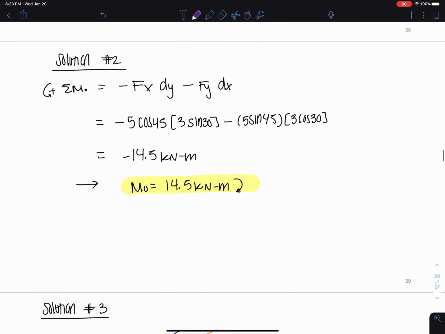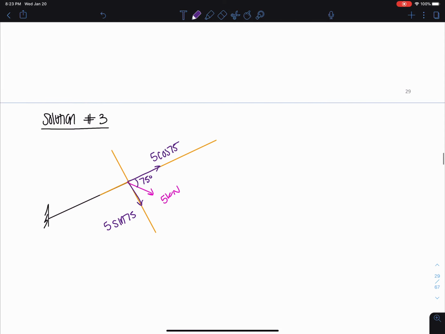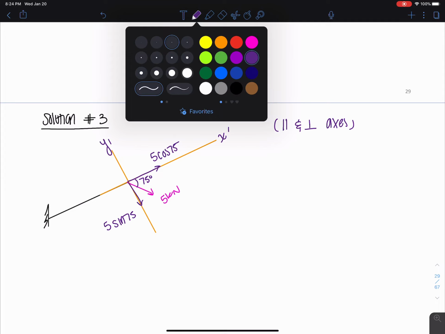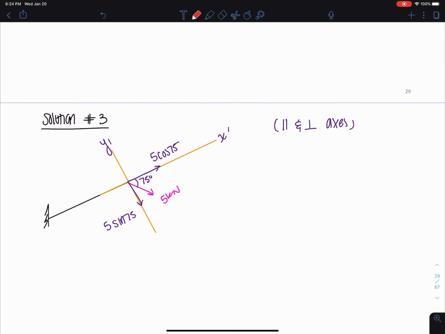And what happens here is basically I've made parallel and perpendicular axes, so you can call this almost like the x prime and y prime axes. And what that does is it takes away the need to consider this force because it acts in line with point O. So you see there's no longer a moment arm.